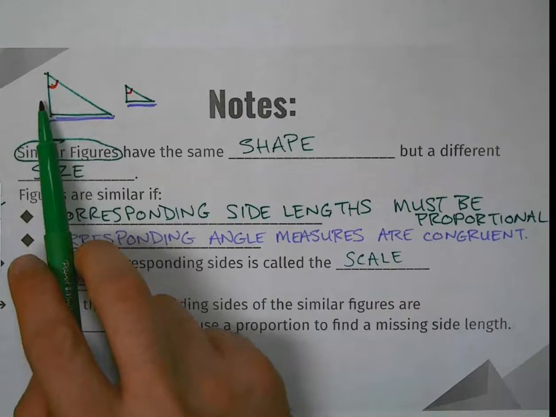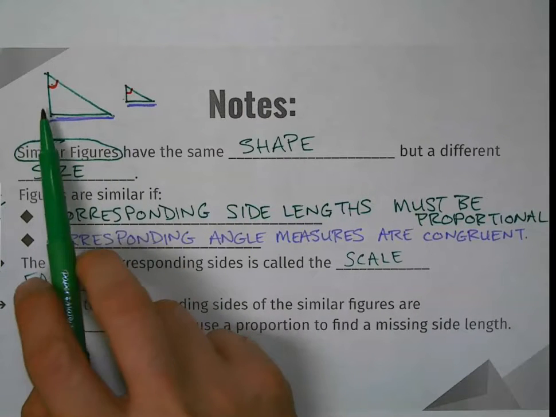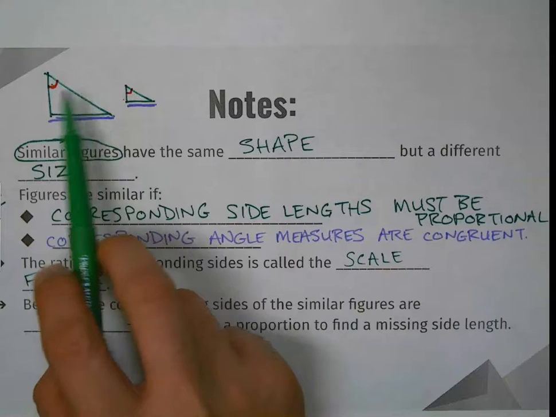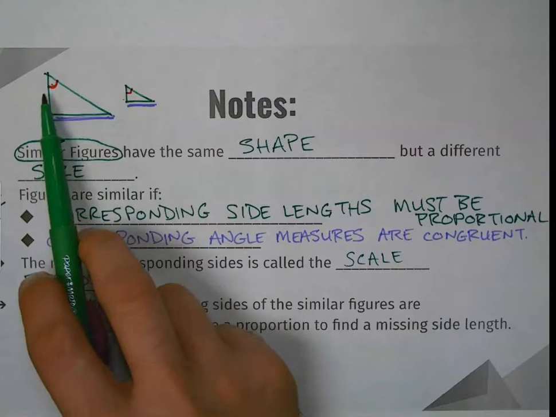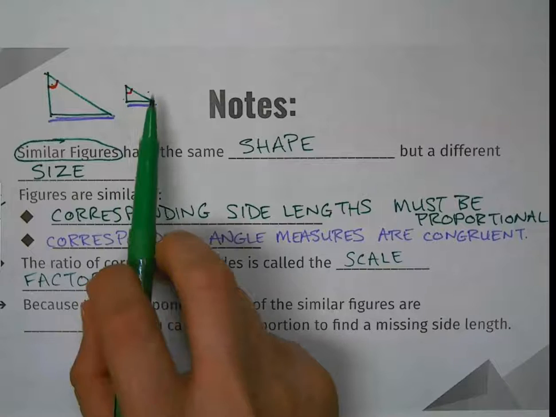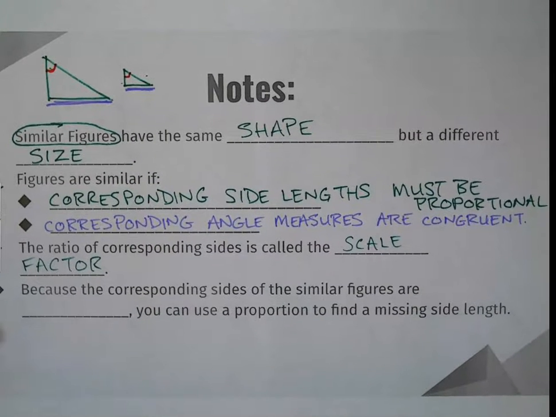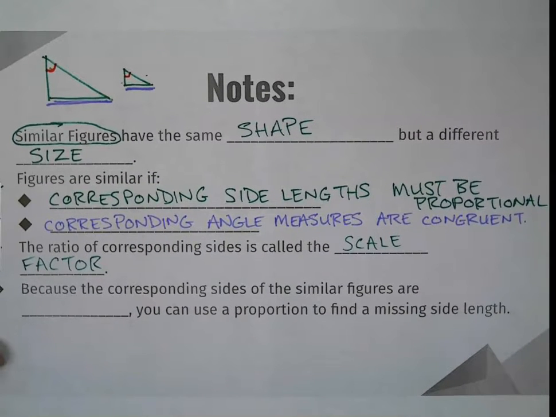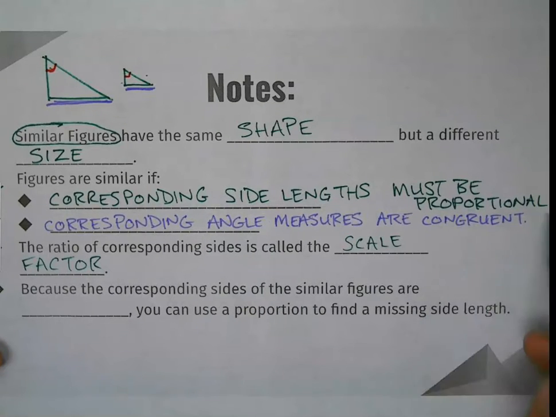So if you had a number for the length of this one and a number for the length of this one, there's a scale factor, something that you could multiply this one by in order to get this. And it would have to be the same for all of the sides. Okay, because the corresponding sides of the similar figures are, what are they? Corresponding sides are proportional, yes.